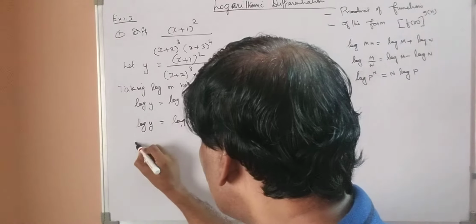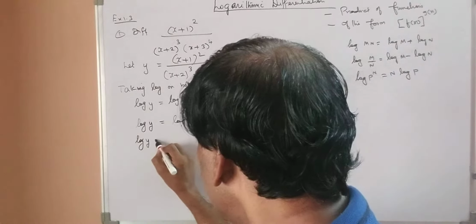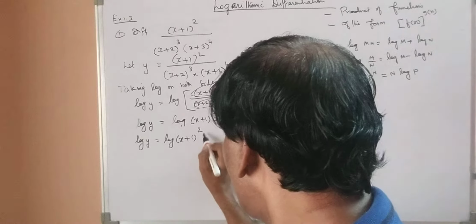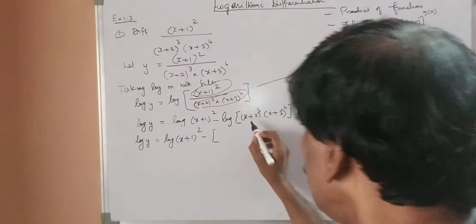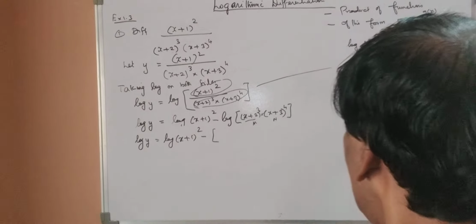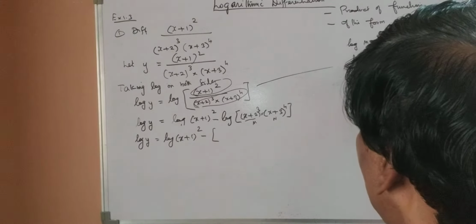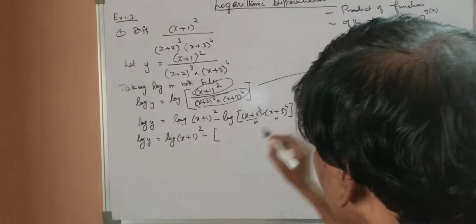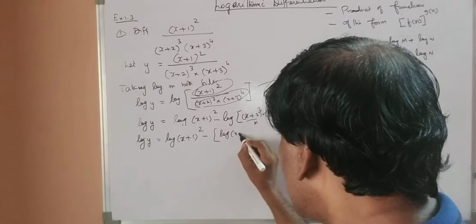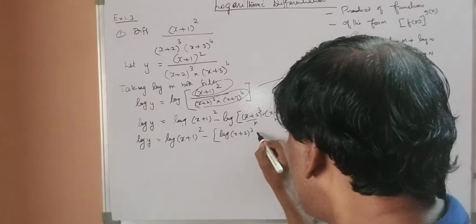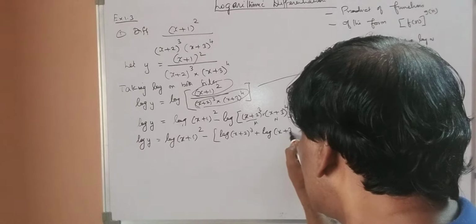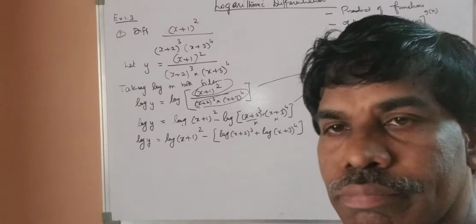So log y equals log of (x plus 1) the whole square minus, now you see this is m, this is n, the log of mn formula: log m plus log n. So log of (x plus 2) the whole cube plus log of (x plus 3) the whole raised to 4.